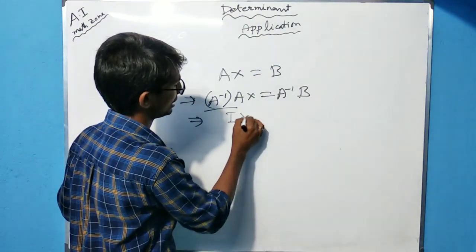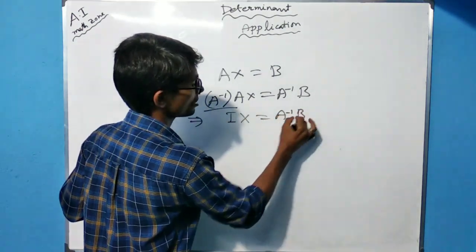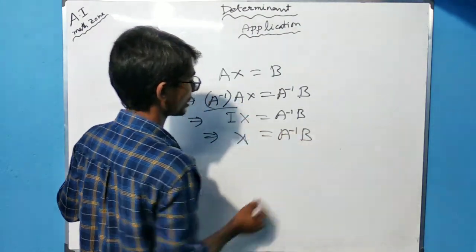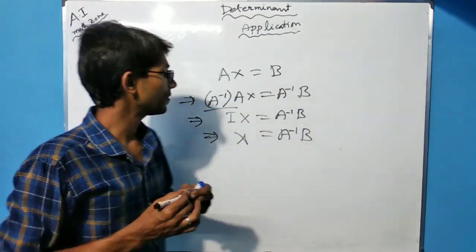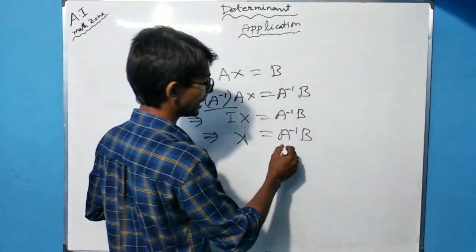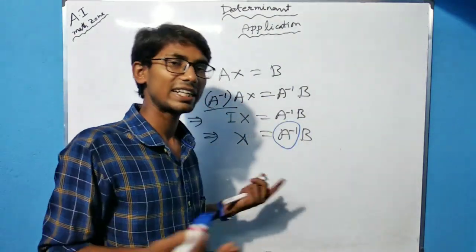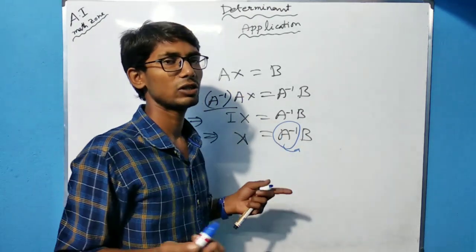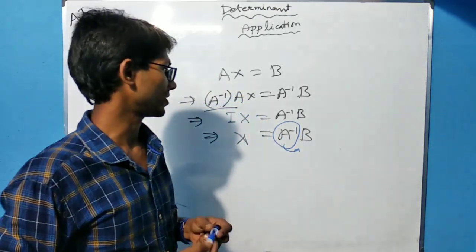So this will be IX = A inverse B, which implies X = A inverse B. So if you are able to find the inverse of A, then you are done, because we just multiply A inverse and B and you will get the result. So this is the process.